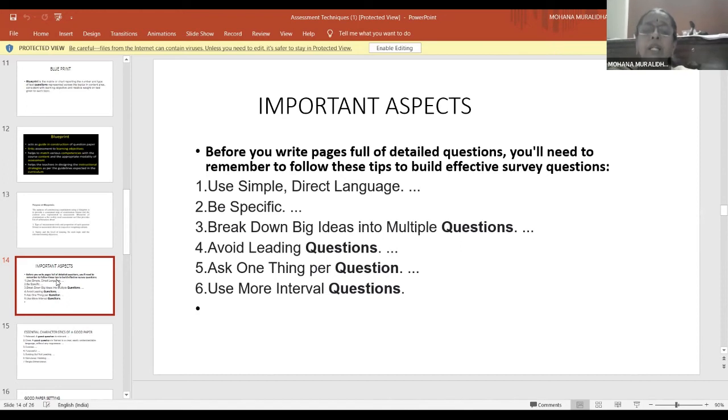So we need to follow all these constraints: be very simple, be specific, break down big ideas into multiple questions, ask one thing per question, and use more interval questions. If we keep all this in mind while setting the paper, to some level we are not questioned by anybody.